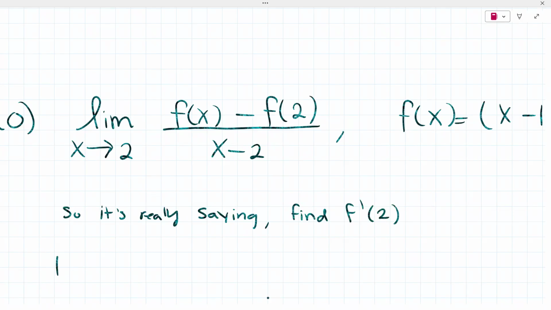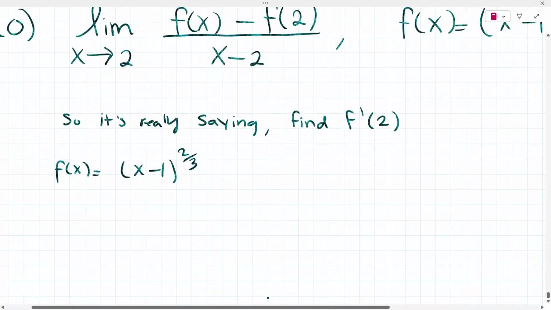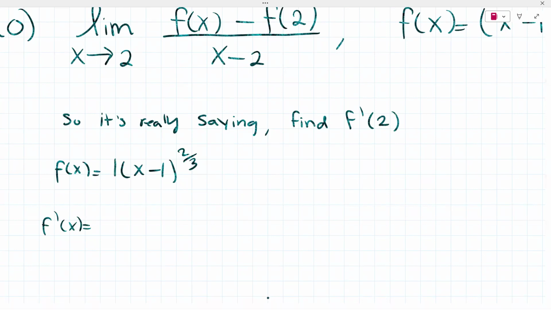If we know that our f of x is x minus 1 to the 2/3, let's find f prime of x. Not too bad, right? You just use power rule and chain rule. To start with the power rule, this has a denominator 1, so 1 times 2/3 is 2/3. And then you have x minus 1, and then old power minus 1.